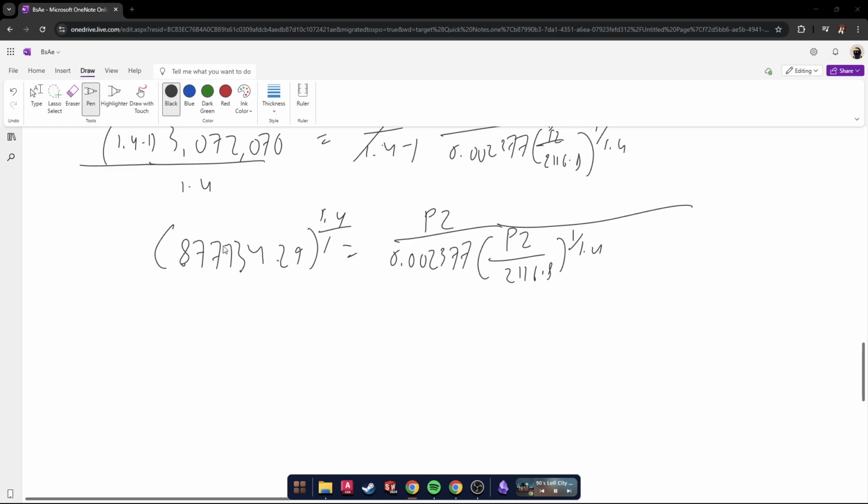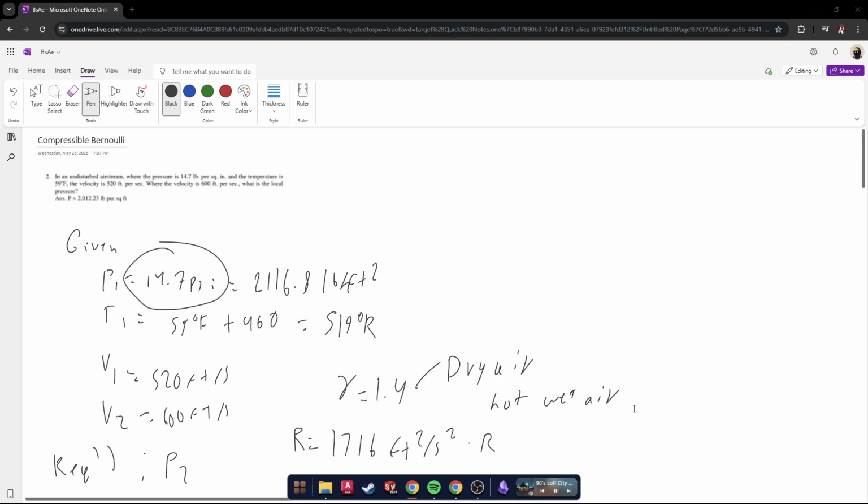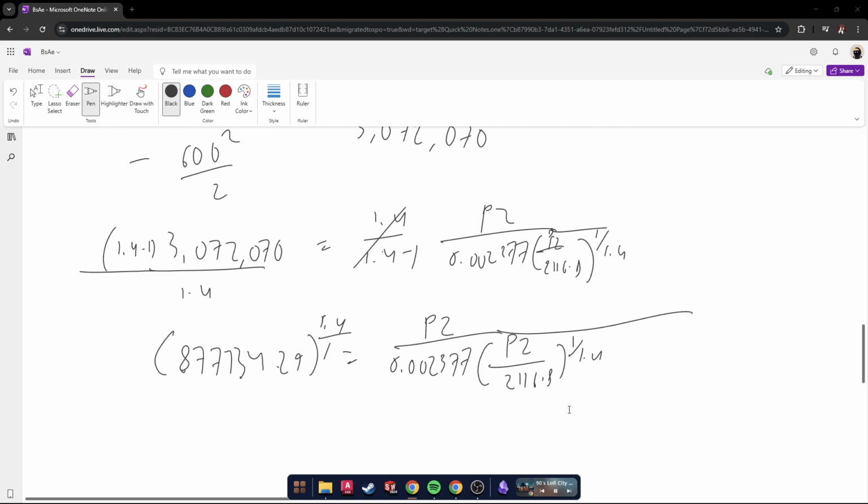Isentropic flow: P2 over P1 to the 1 over gamma.